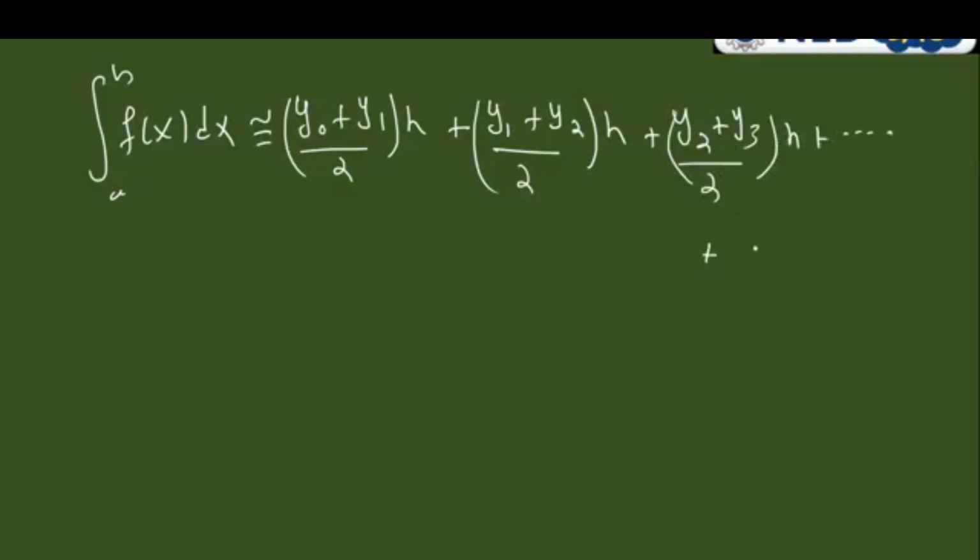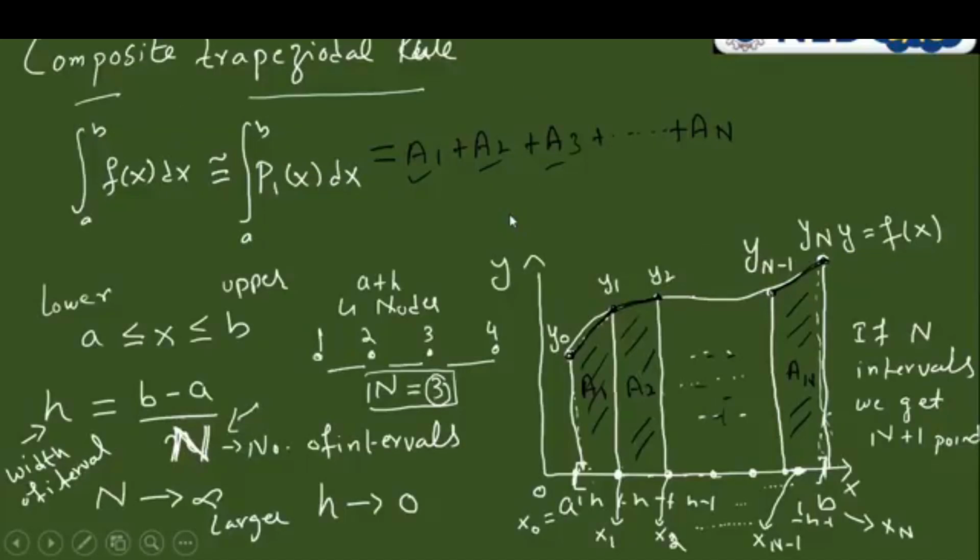The last interval is yn minus 1 plus yn divided by 2, also multiplied by h. The idea is that whenever one interval ends, the next interval starts from the same side. If we go back, this height is common: it is a part of this interval and also a part of the next interval. So these common nodes appear twice; keep this in mind.